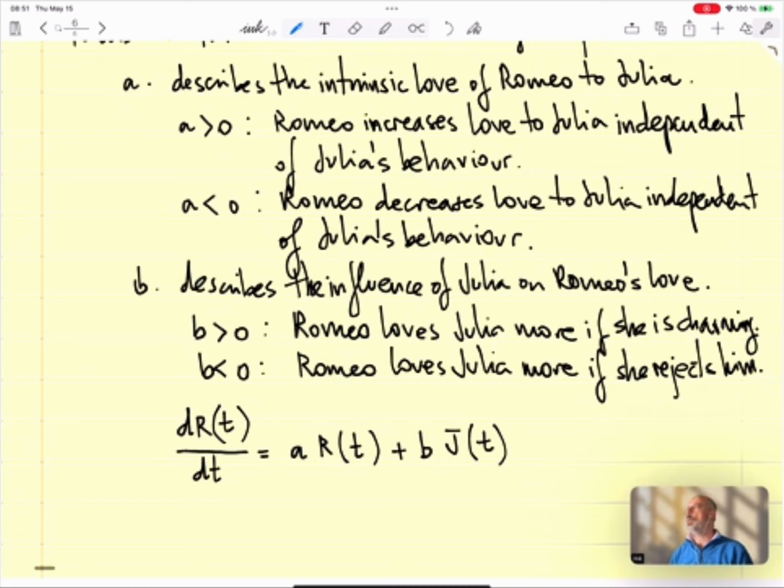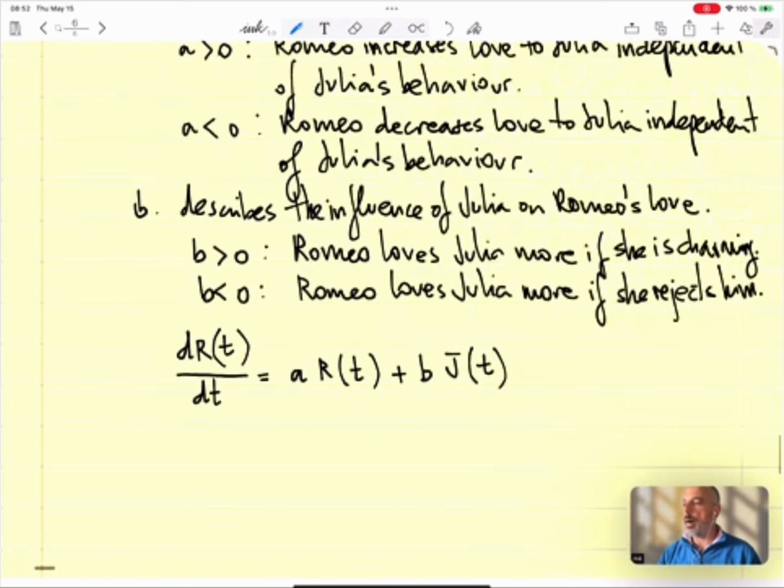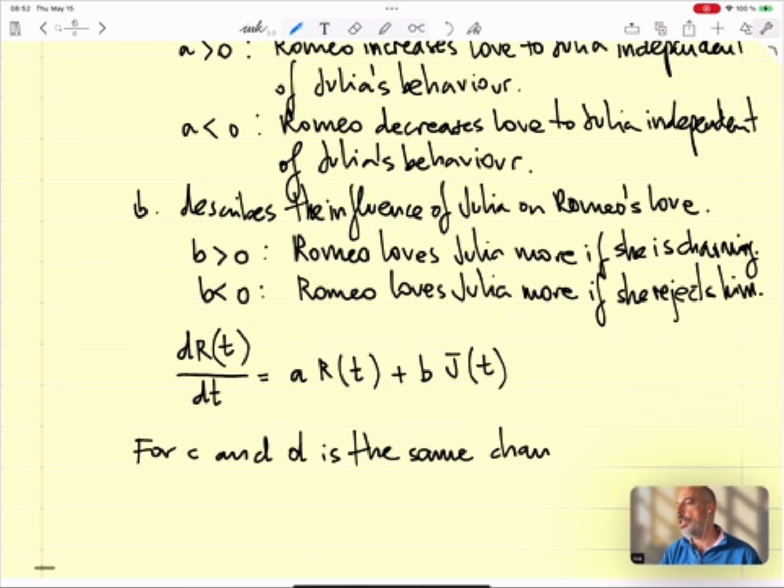Some people, as I said, fall in love with others that are nice. Some people fall in love with others that are assholes, okay? So for the other parameters, this is exactly the same for C and D. It's the same, changing the numbers, changing the names, sorry.